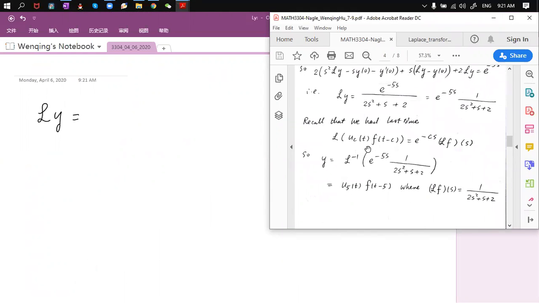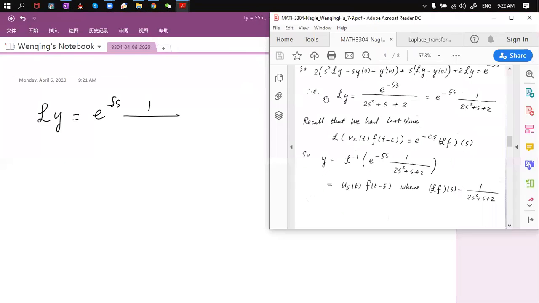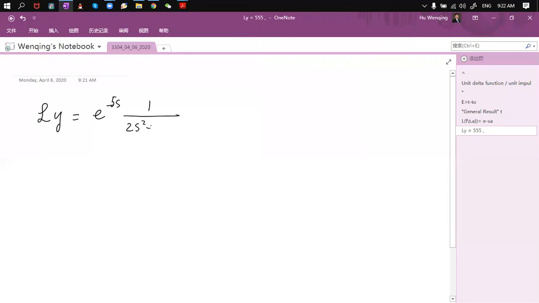This example says that the Laplace transform of y is equal to e power minus 5 times s divided by, so 1 over 2s squared plus s plus 2, right? So 2s squared plus s plus 2.